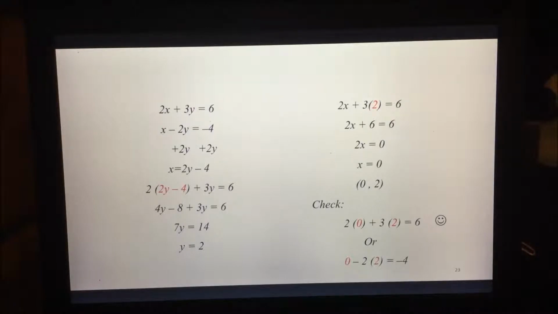Then we would have gotten 0 minus 2 times 2 equals negative 4. So negative 2 times 2 equals negative 4, which equals negative 4. That also checks out. So now we know with a lot of confidence, 100%, that our solution is 0, 2.